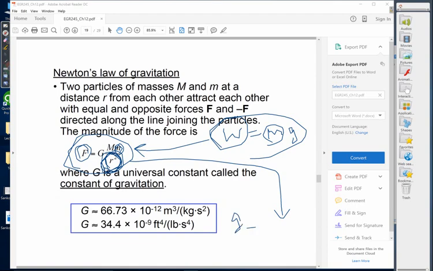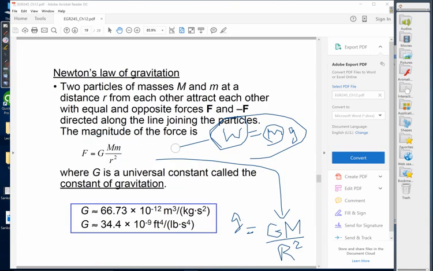It is actually G times mass of the Earth divided by radius of the Earth squared. That's where we come up with this acceleration due to gravity. So that's Newton's law of gravitation, and it's quite an important law because of this idea of weight of something on the surface of the Earth. But we're also going to make use of this now in a circular orbit.